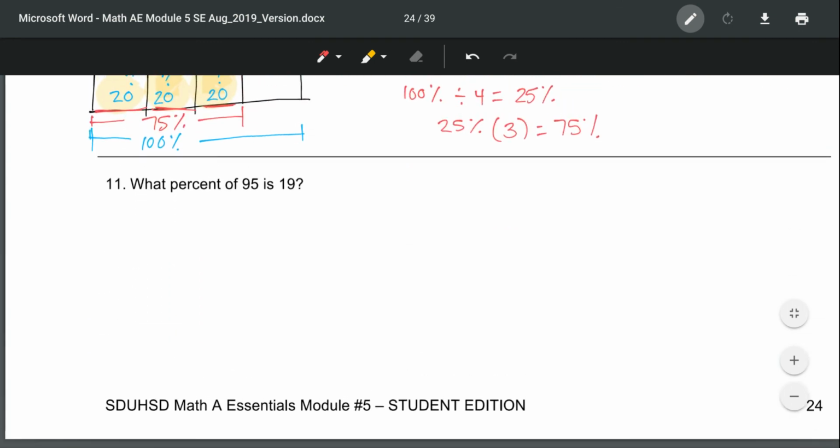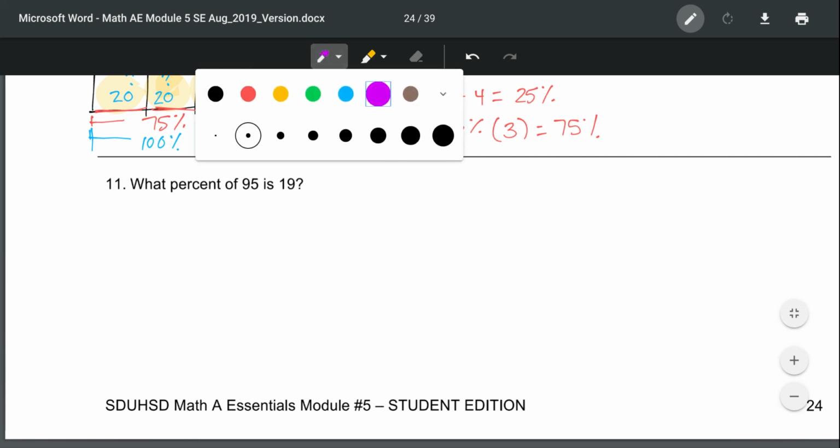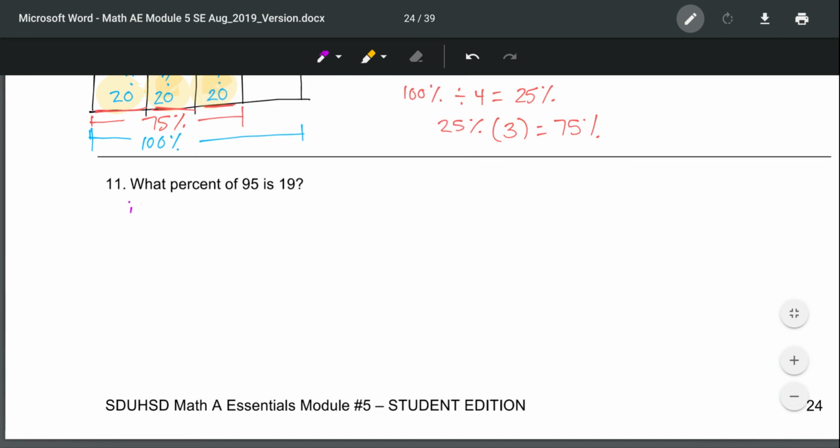Okay, number 11, what percent of 95 is 19? So take your is over of, which is the same thing as the part to total ratio. So of is 95, is would be 19, so 19 goes in the numerator and 95 goes in the denominator.